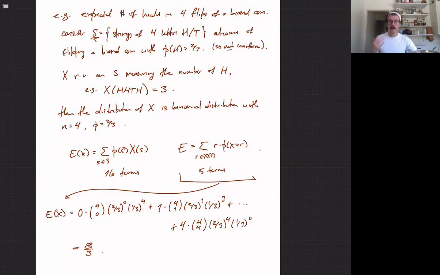So we expect it to come up heads about 2/3 of the time. So if we flip it 4 times, we expect it to come up heads about 2/3 of 4 times. And you'll note that this is equal to 4 times 2/3, which is exactly the intuition that we just described.